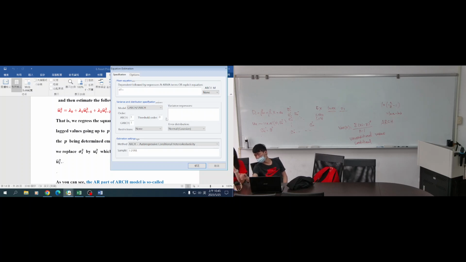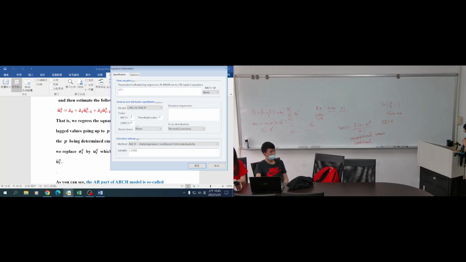Maybe I'll try 4; the others I can try are 8 or 12, but this is daily data. In this case the GARCH is 0, since I'm just going to use ARCH 4, which means the previous 4 periods.